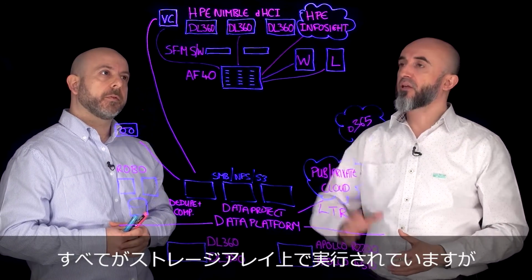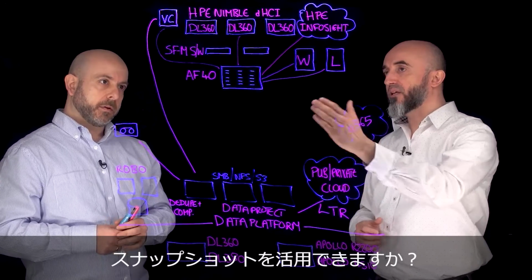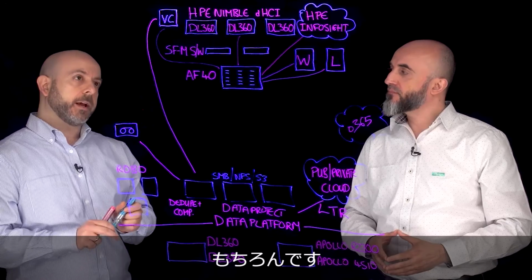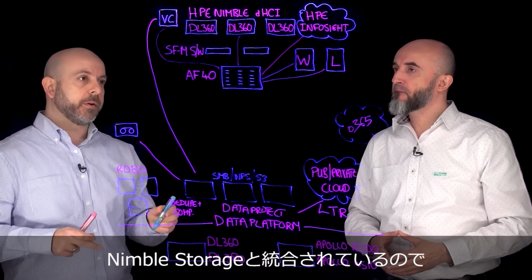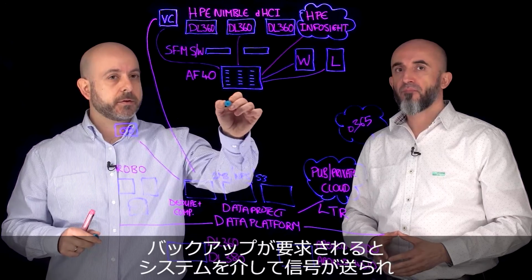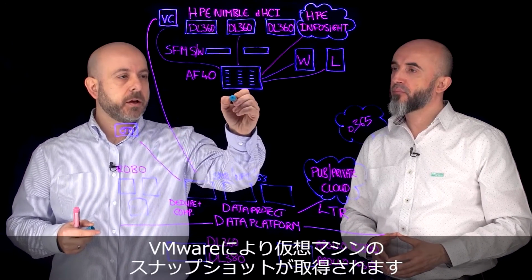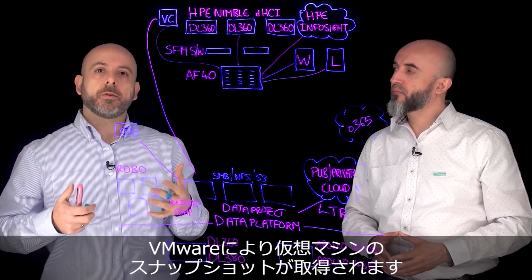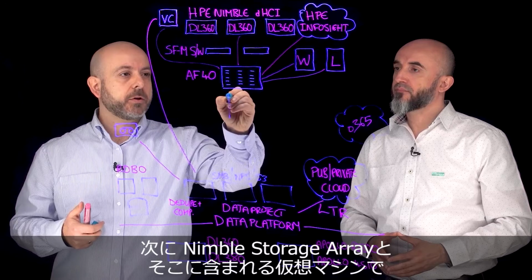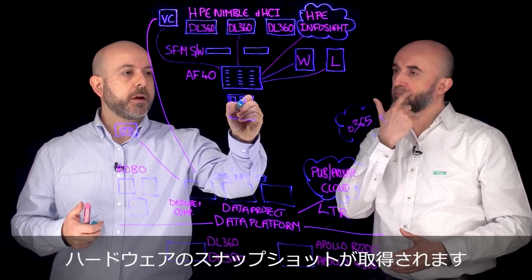Now, talk to me about the Nimble all-flash 40 array. Obviously, everything is running on the storage array. Can we do those virtual machine backups in an efficient manner so we can take advantage of the snapshot capabilities inside the Nimble all-flash 40? Absolutely. We integrate with Nimble storage, so when a backup request is called, VMware will take a snapshot of the virtual machines, and then a hardware snapshot will occur on the Nimble storage array with my virtual machines inside there.